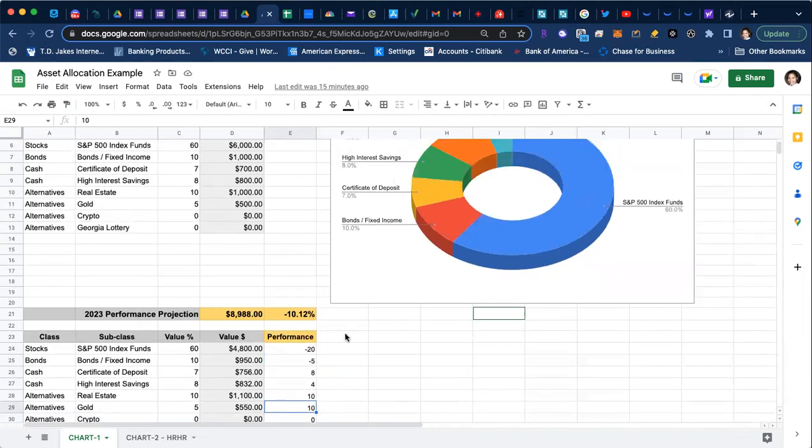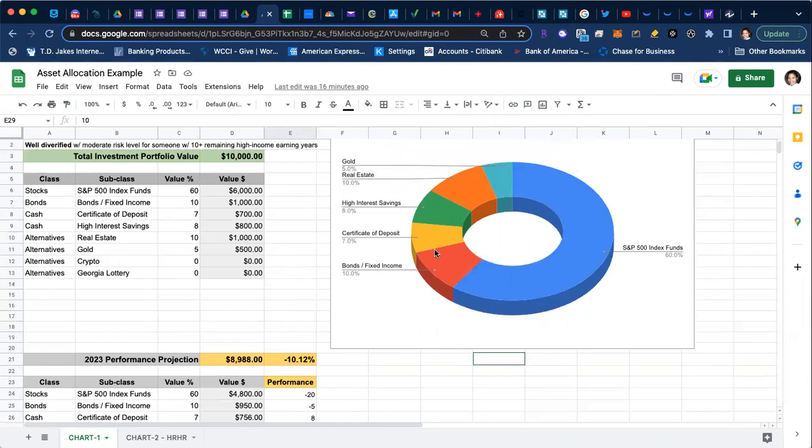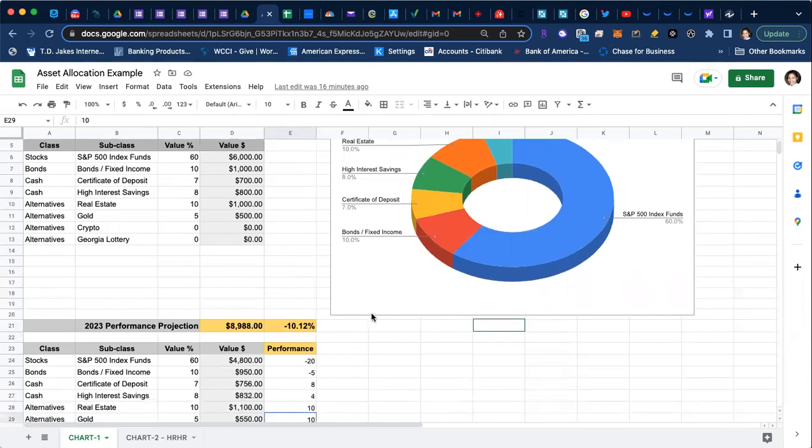Now, what the asset allocation does is it allows us to not have as severe a loss had we not diversified the portfolio. For example, even though I had the largest loss, a 20% loss in the lion's share of the portfolio, let's say I would have had all of the investment in the S&P 500 fund.